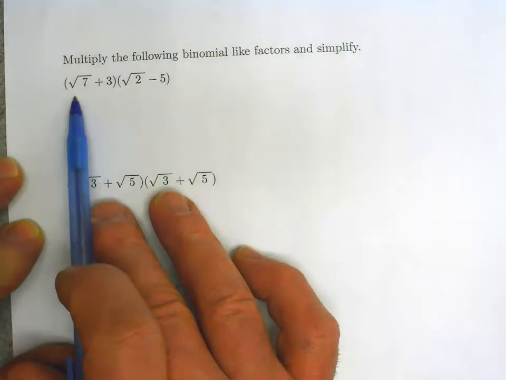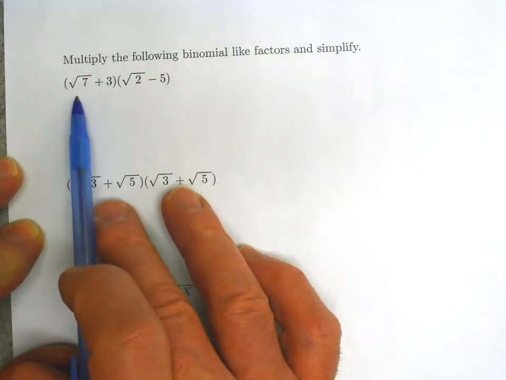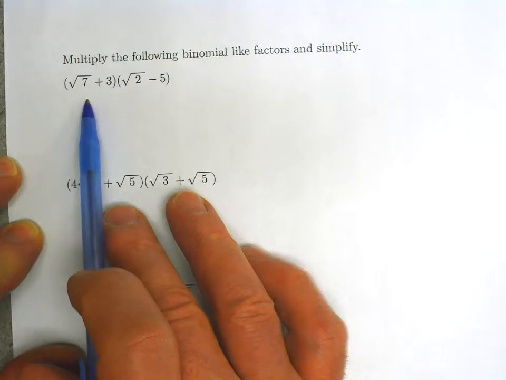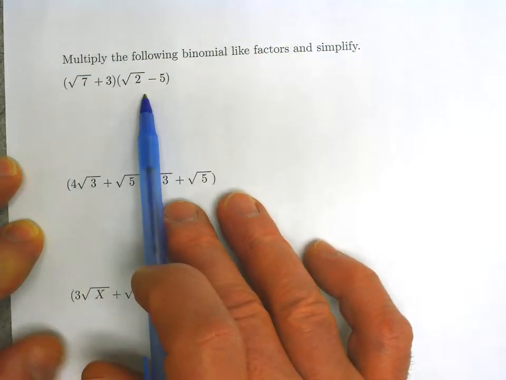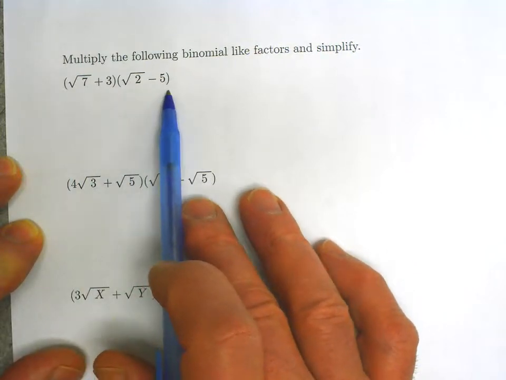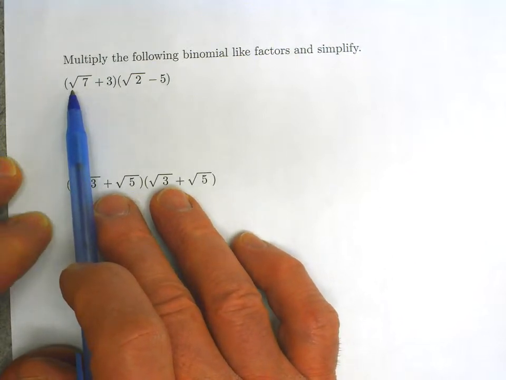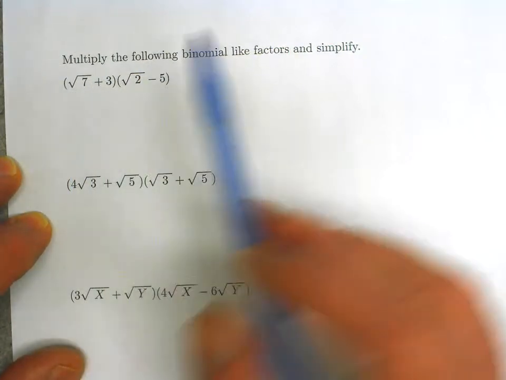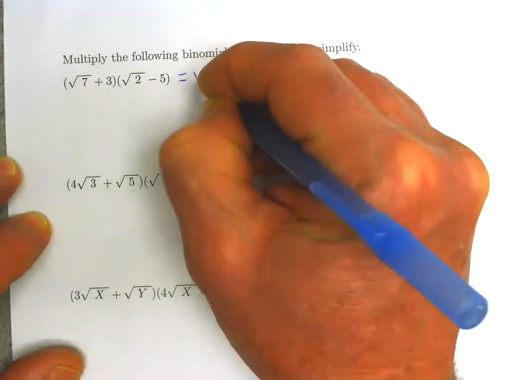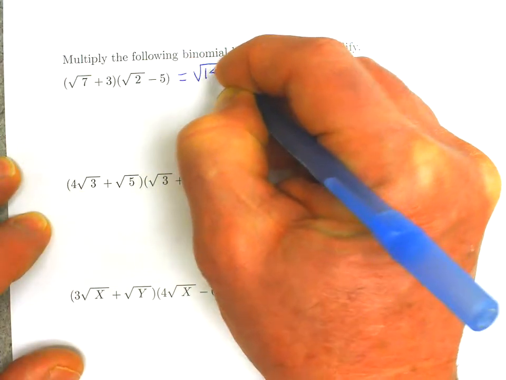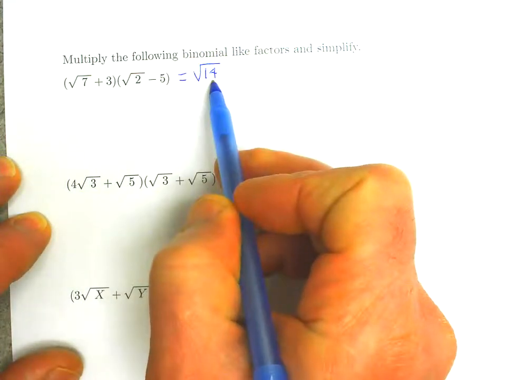Okay, so let's try this. We want to multiply the quantity square root of 7 plus 3 times the other quantity square root of 2 minus 5. So just like you would multiply two binomials, the square root of 7 times the square root of 2 is the square root of 14, because 7 times 2 is 14.